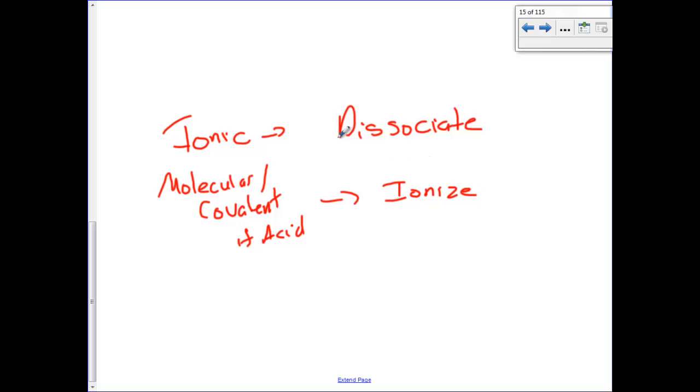The way I try to explain it is that ionic things should turn into ions, shouldn't they? Ionic should turn into ions. Molecular and covalent things don't give and take electrons, they share electrons, so they shouldn't form ions. Therefore, if they do form ions, we say they ionize, if it's an acid.